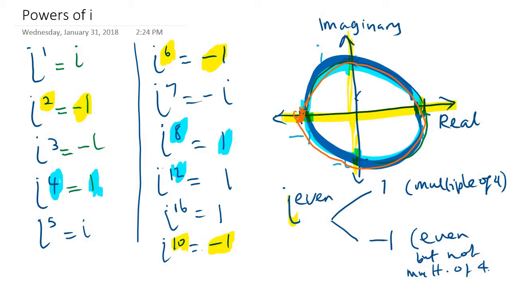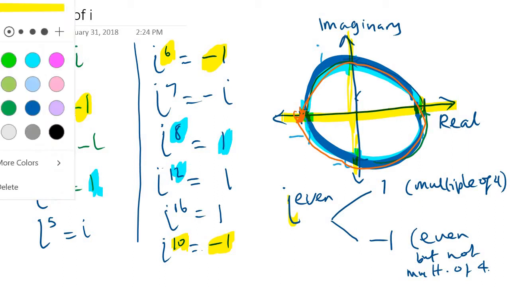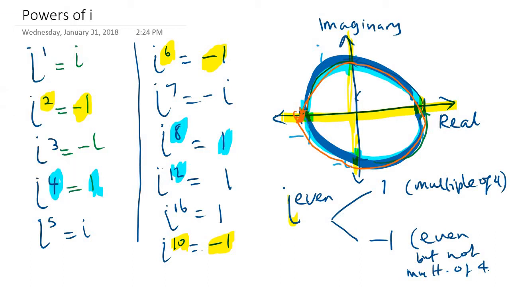Okay, we can also look for a pattern for the odd numbers. So let's use another color over here to just examine the pattern for odd numbers. So the first one is 1. Okay, i to the 1 is i. And now if you look at it, 5 is also i.